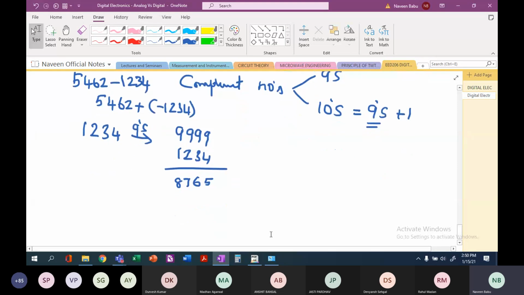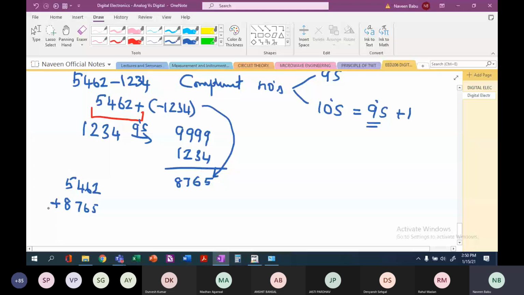Now I am performing an addition only, right? I will be performing 5 4 6 2 plus 8 7 6 5. What does it mean? It means that the equivalent complement of minus 1 2 3 4 is 8 7 6 5. I will have to add this.